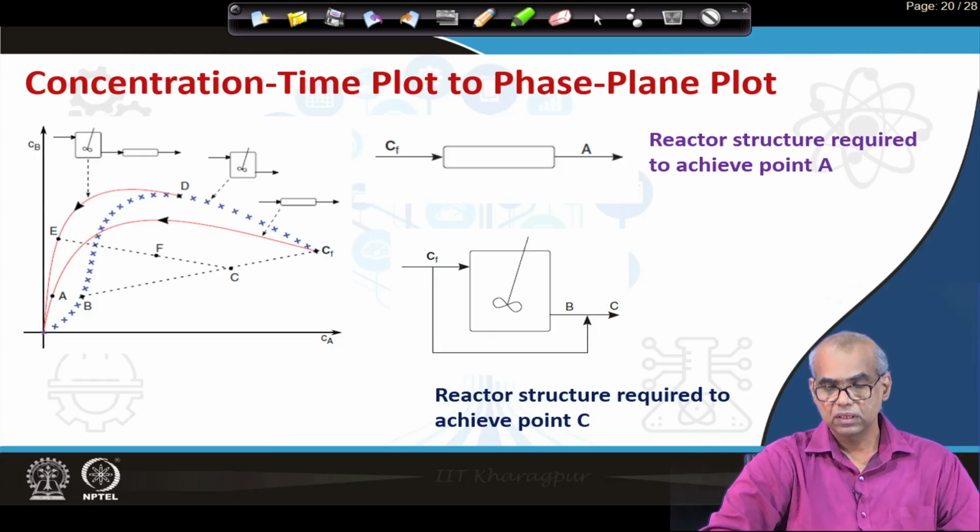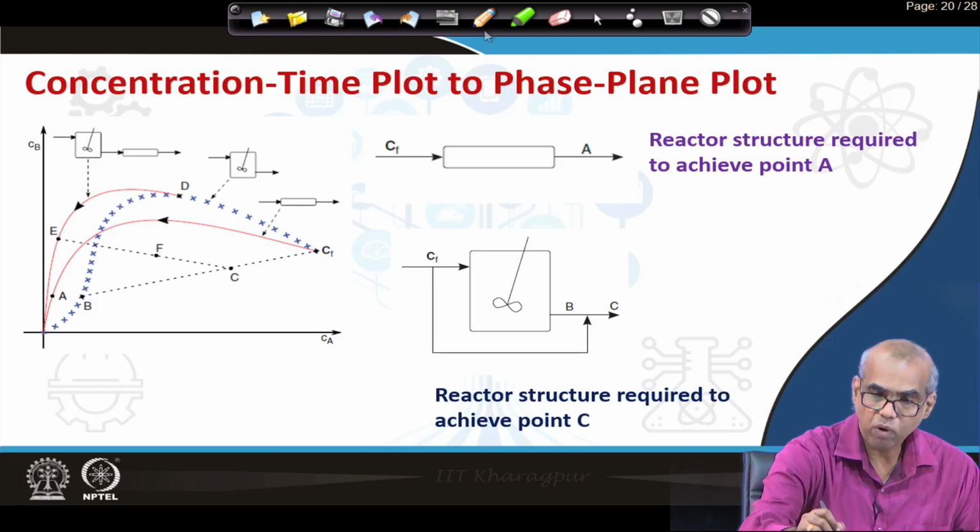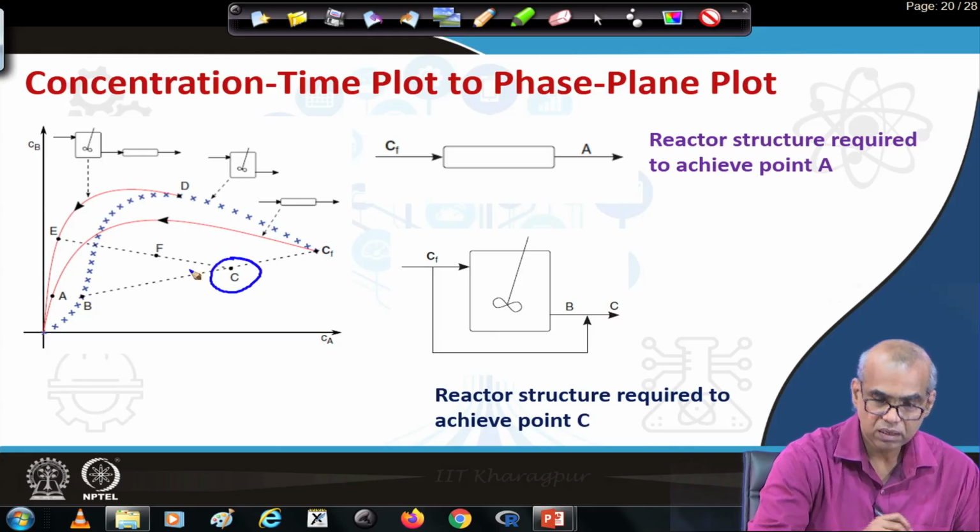What about point C? Point C is lying here.